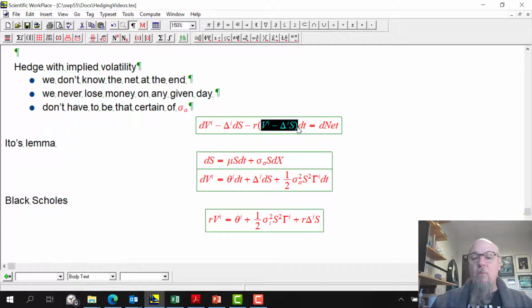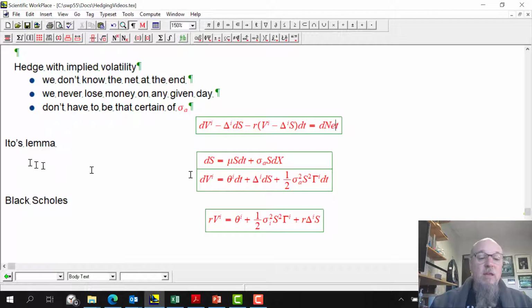Then I have the remaining money invested at the risk-free rate of return for one time step. The change in this part is the change in my portfolio, and this is the change in my money. The difference between the two is the net change in my position. Of course, the net always starts out at zero.